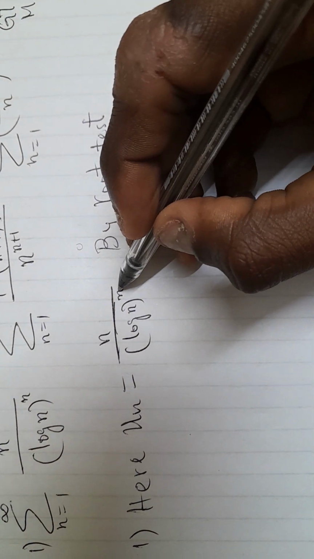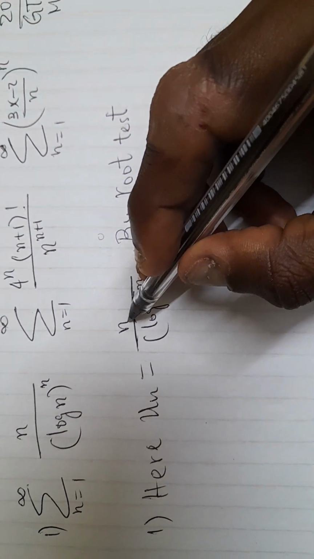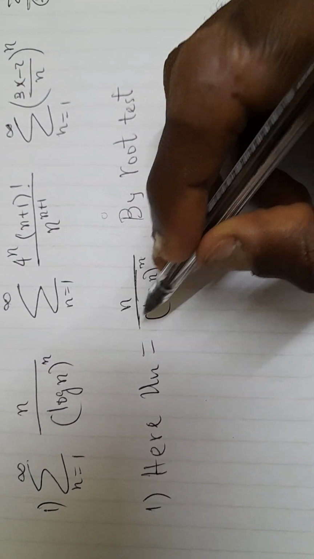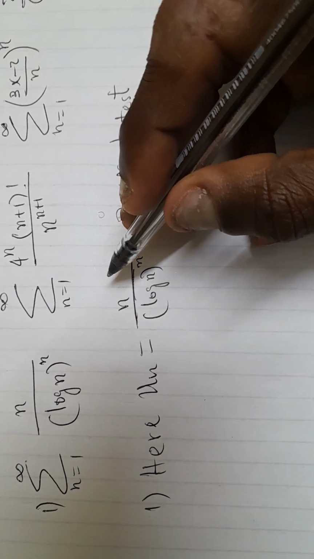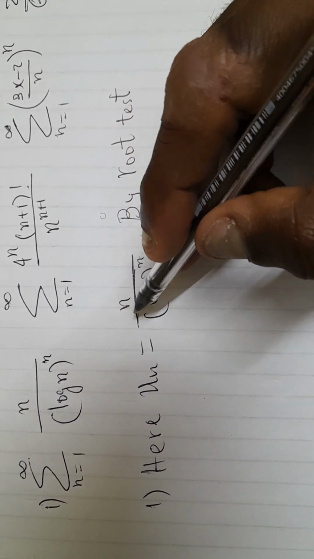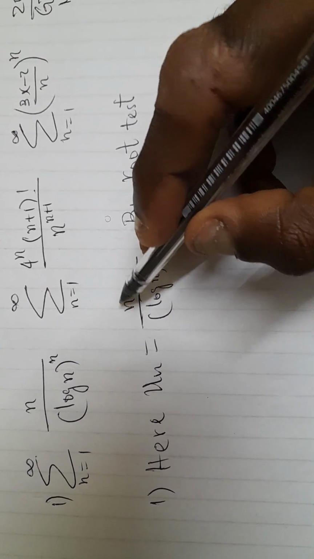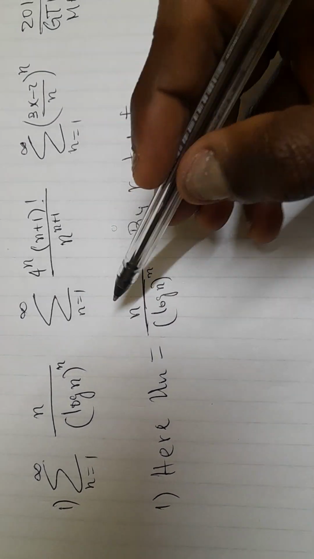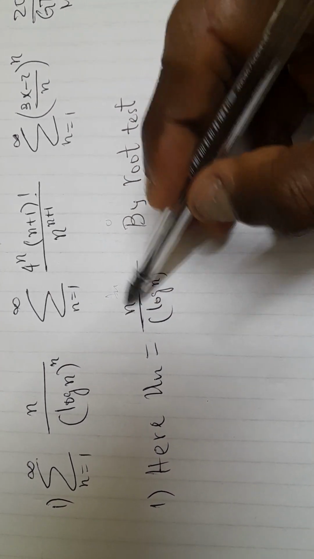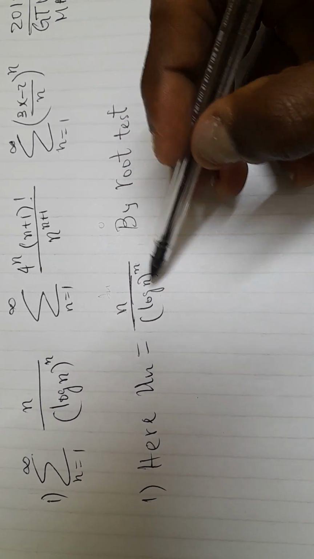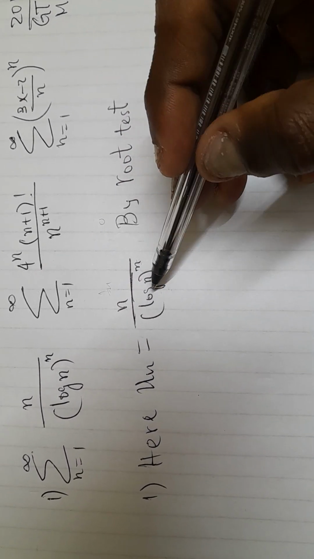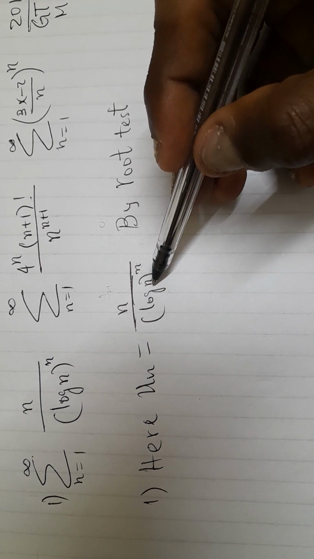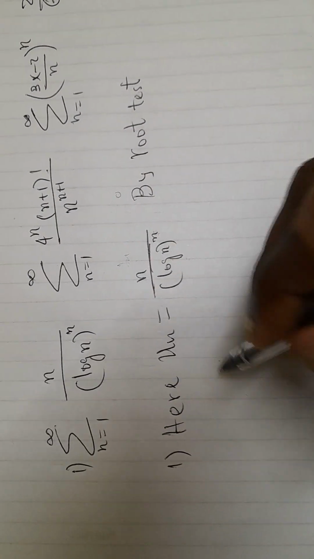Because I have an exponent n here. So the limit of n into the root of 1 upon n into 1 upon n. Just imagine if I put 1 upon n, this limit will be 1, and this will be only log of n, so it's easy.